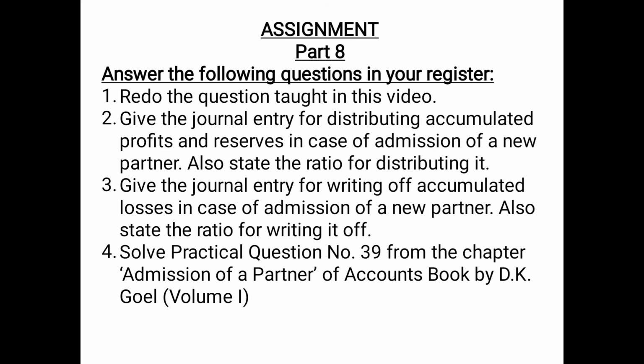Question number 3, give the journal entry for writing off accumulated losses in case of admission of a new partner. Also state the ratio for writing it off. So the answer to this question, the entry here will be old partners' capital or current account debited to accumulated losses account or to advertisement expenditure account or to profit and loss account debit balance or to deferred revenue expenditure account, and it will be written off in the old ratio.